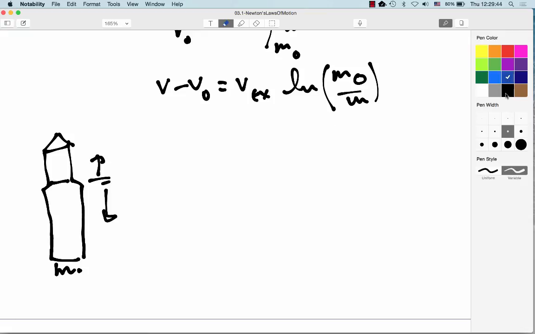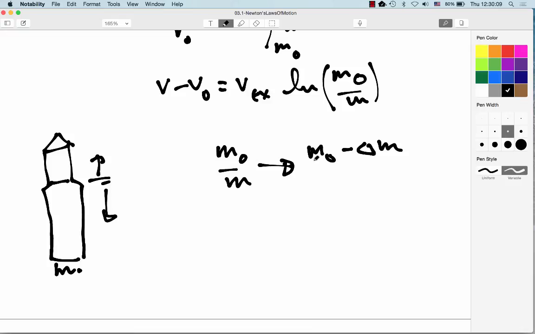is that this allows our m naught over m. Once we've expended all the fuel in here, we're just carrying dead weight right here. If we can get rid of that, that transforms m naught over m to m naught minus, we'll call the mass of the rocket of the first stage delta m.